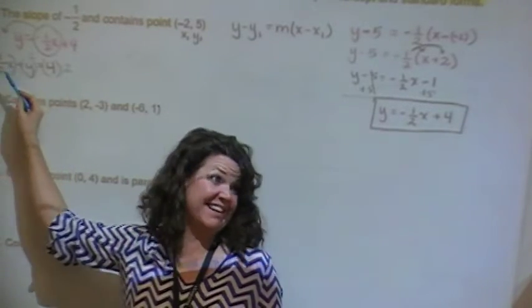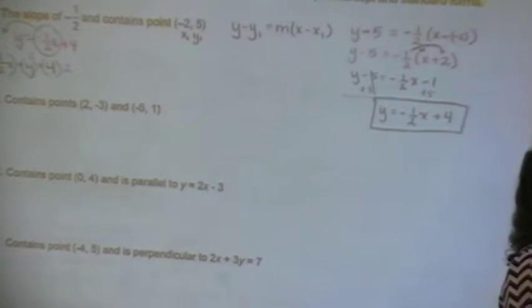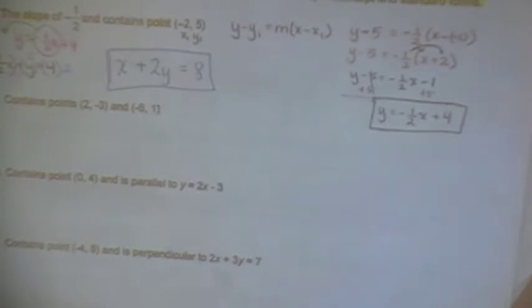That's why we did it. So it's 1x, but we'll just write x. Plus 2 times y is 2y. Equals 8. That's your answer in standard form. Any questions? Okay, we'll do several more, so you'll get used to it.